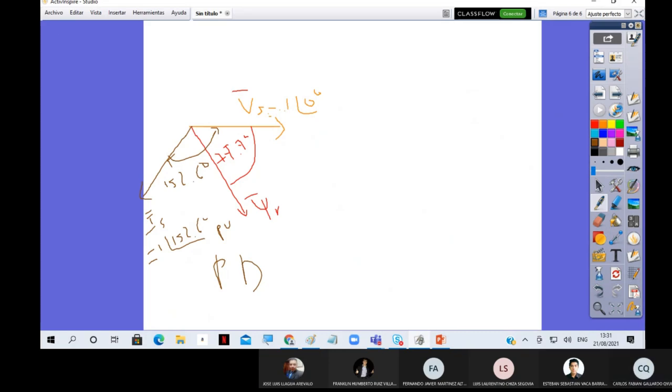Okay, so I will have here once again the voltage. This is the voltage, the stator voltage. This is a phasor. Okay, so the rotor flux is this one. The stator current is this one.